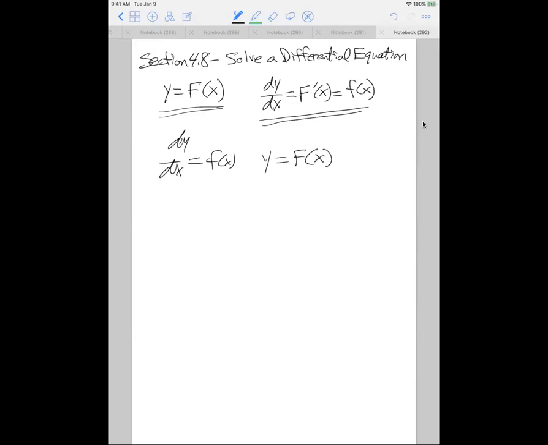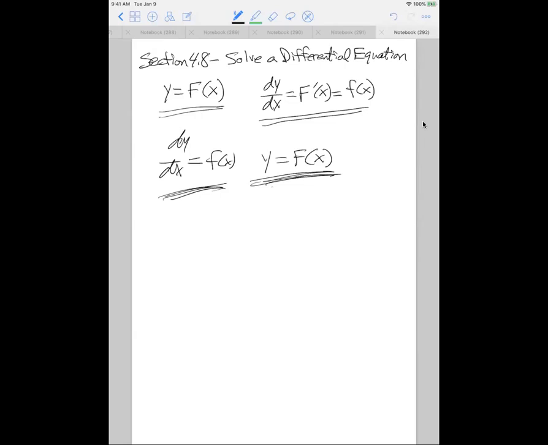This is a solution for the problem, for this differential equation that you'll start with. So all of the antiderivatives will be the solution. There's a general solution, and then we'll talk about another way of looking at it, but here's an example, one that I think is kind of straightforward.